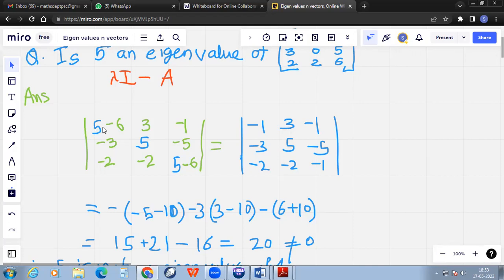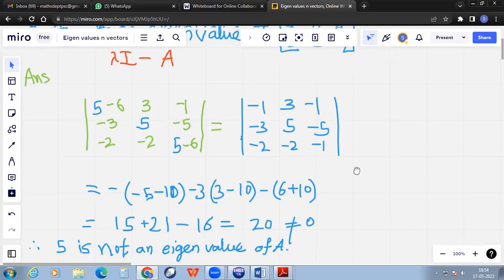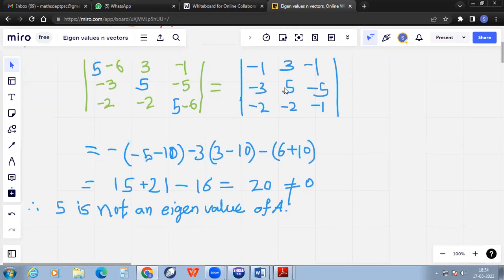Now this is minus 1, the rest of the entries are as they are, and now we calculate it. Minus 1 into this product: minus 3 into minus 1 is 3. From that we subtract the product of minus 2 and minus 5, that is 10, and plus this entry.